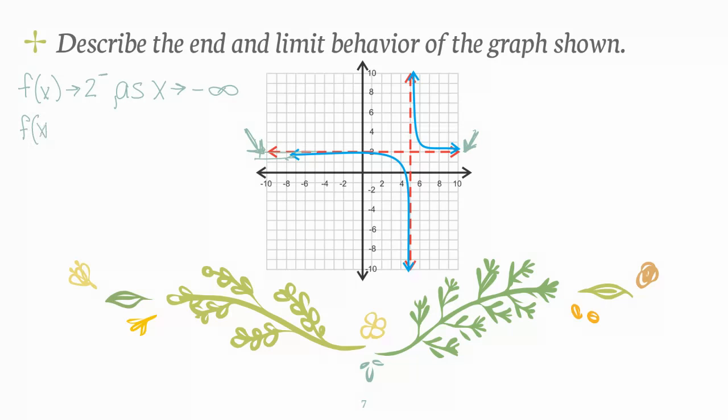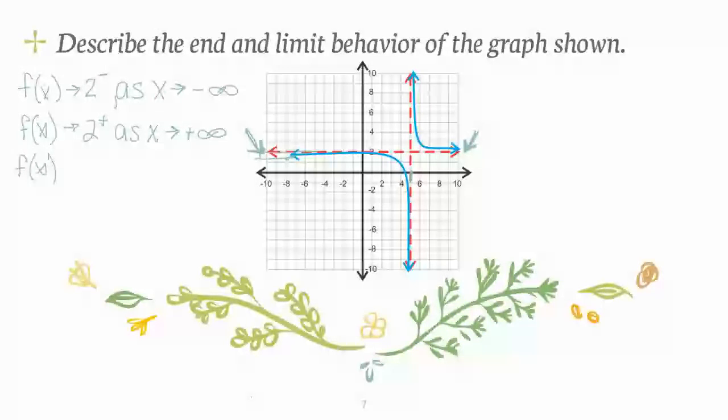I'm going to look at the right, and I can see that it's coming to 2, but this time from the positive side, from the top, as x is approaching positive infinity. That is my end behavior. Now I'm going to look at my limit behavior. What's happening is I'm approaching the asymptote at 5. So I want to talk about this vertical asymptote.